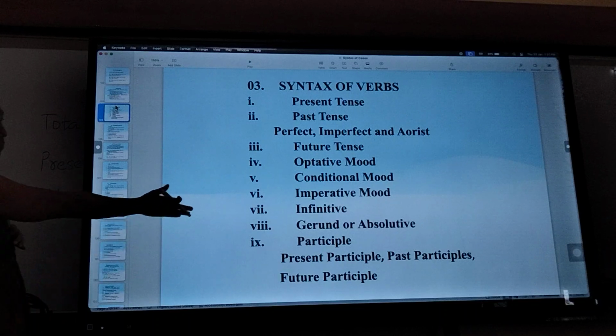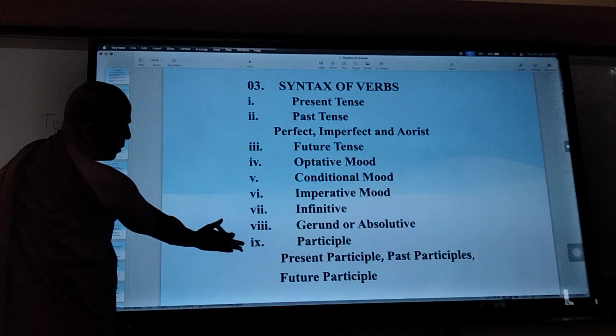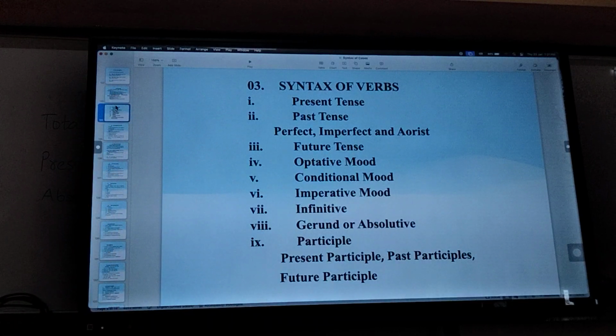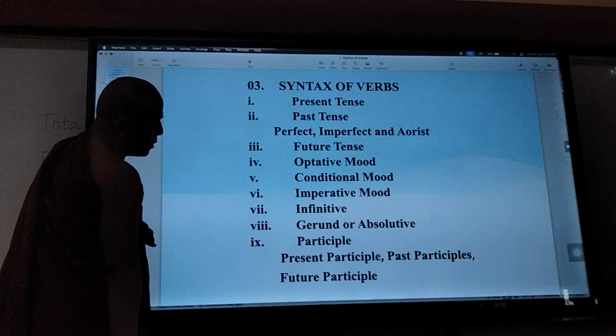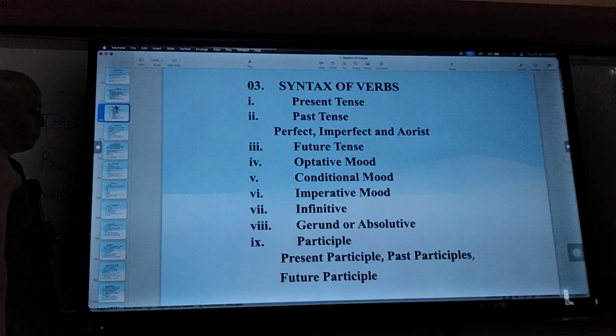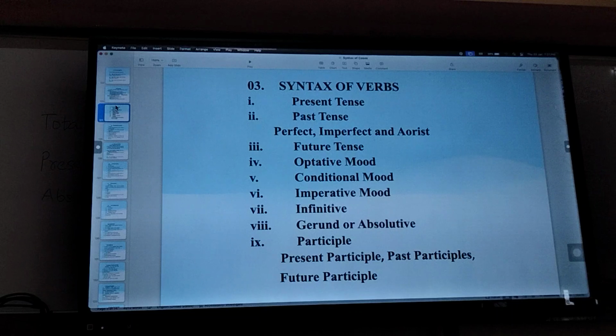The others come from the infinitive or gerund or absolutive, and participles: present participle, past participle, and future participles. They are dependent verbs. They cannot stand alone. So the usage of them is also a bit important in Pali. Sometimes based on the usage, their meaning can be understood.